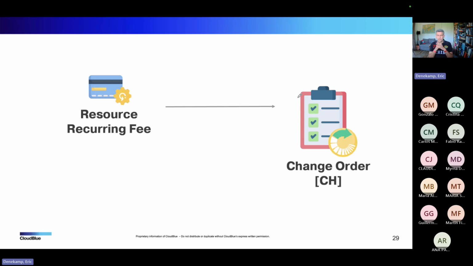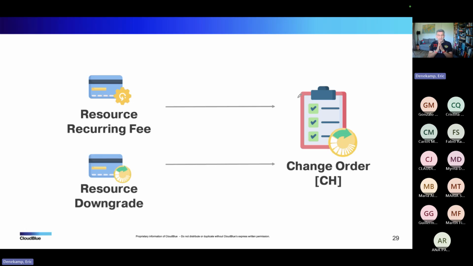The change order charges me for the extra resource recurring fee, if it's an upsize, and that will be prorated based on the date it is now and your next billing date. So if you upgrade halfway through the month, you will pay half of the resource recurring fee, the extra price. If it's a downgrade, of course, you can get a refund.